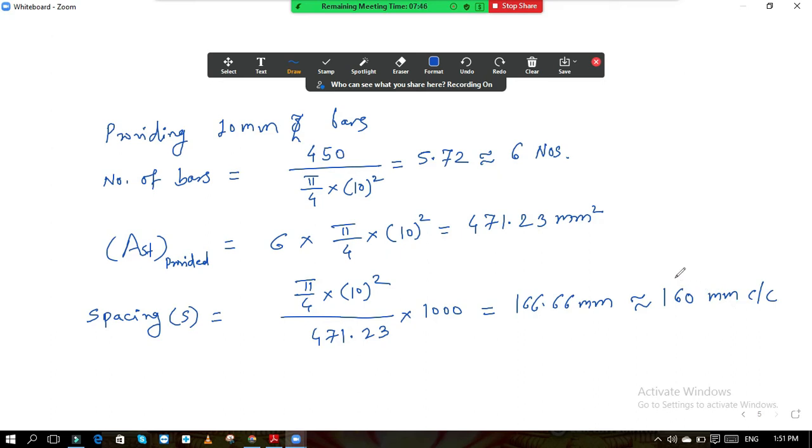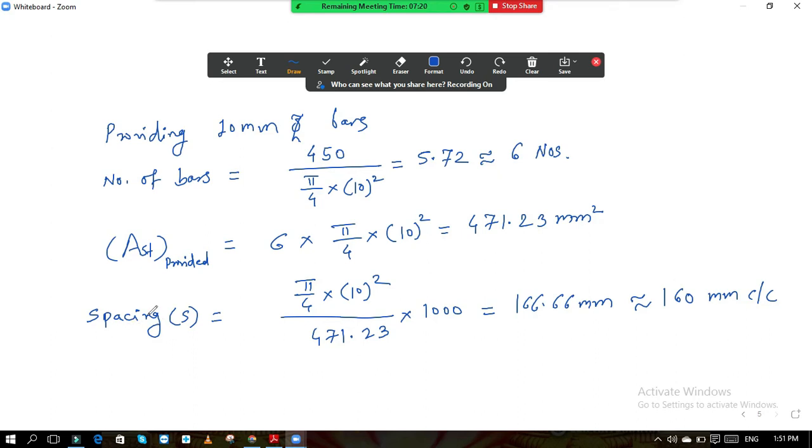Okay. So now 10 mm bars are there. And what is the spacing? 160 mm center to center. But we need to provide the steel on both the faces, which is away from and which is towards the water. On both the faces we need to provide the steel, and this same steel we are going to provide at both the spaces.